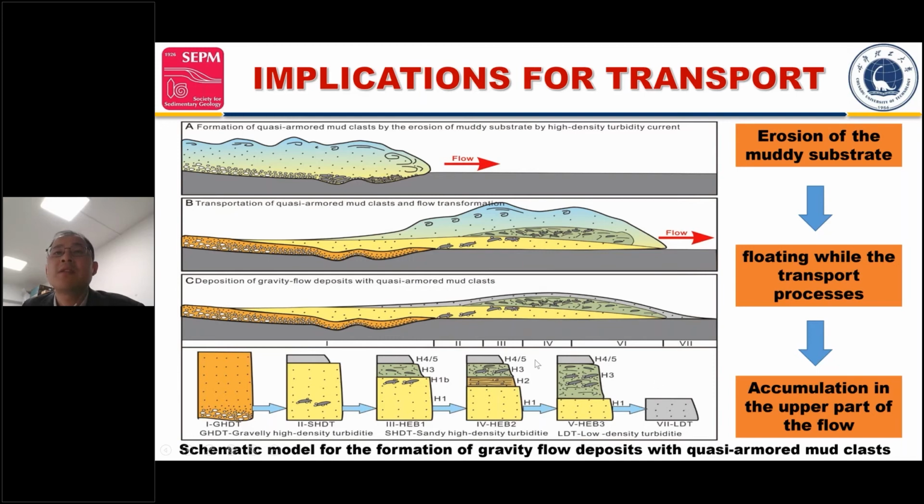So this is the overall evolution process of the gravity flow with the emergence of the armored mud clasts.